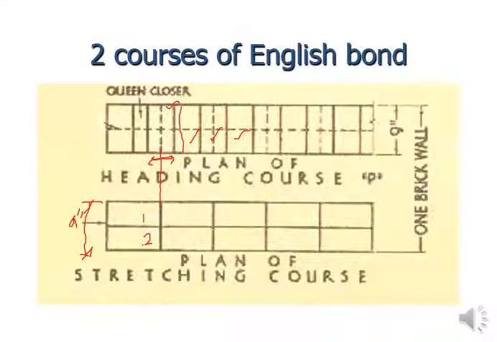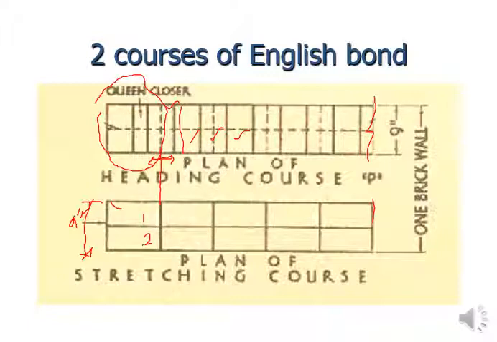Here you can show the continuity. Okay, like this. So no need to place the queen-closer because it is not a joint. But this side you need to consider as a corner. Okay, so for the corner, the stretching course will be with the same full brick. No need to change.